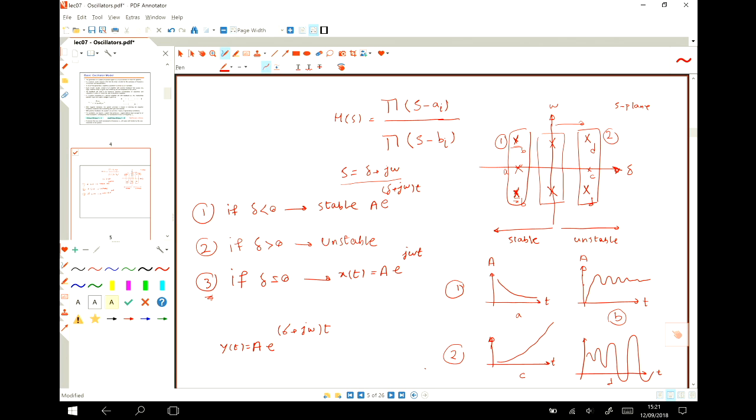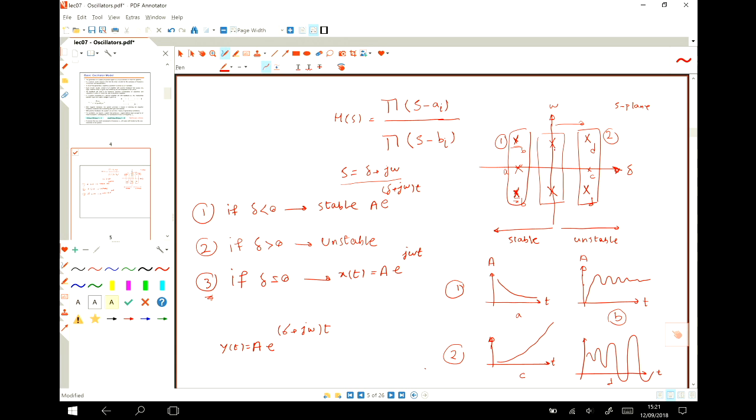And as soon as it gets to the right hand, the system gets unstable. Or as soon as it goes to the left hand side, the system is going to be stable, and your signal will be damped.